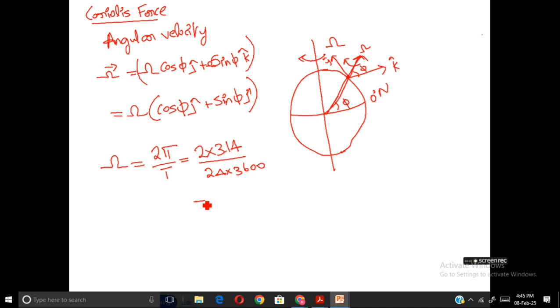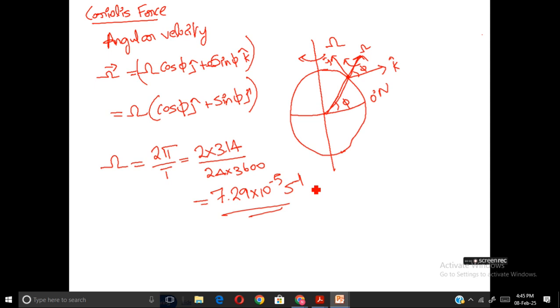Can you tell me the value? 7.268 into 10 to the power minus 5. So it will be 7.29 into 10 raised to minus 5 second inverse. So this is the value of omega, which is the angular velocity of the Earth.